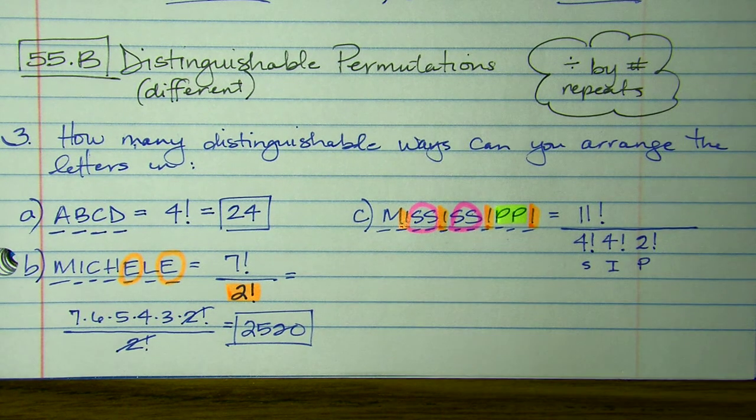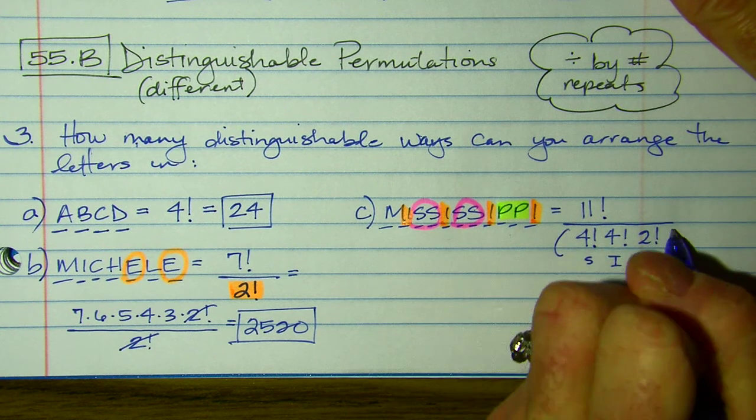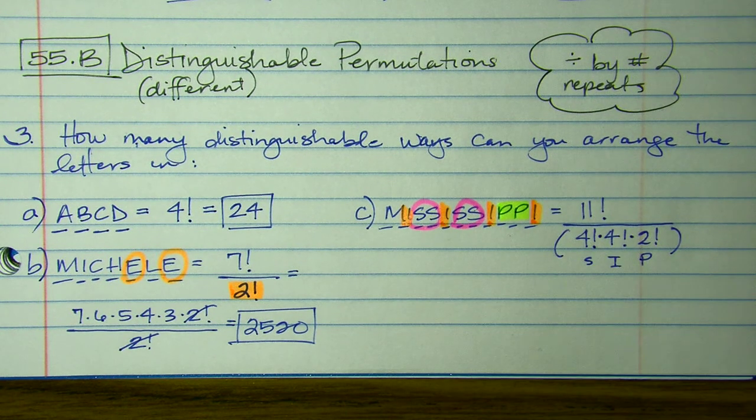So let's talk about what to do with those repeats at the bottom. You are going to be multiplying them, not adding them. Now you can do this by hand or you can use the calculator. It's up to you. For this type of problem, I'm going to use the calculator.